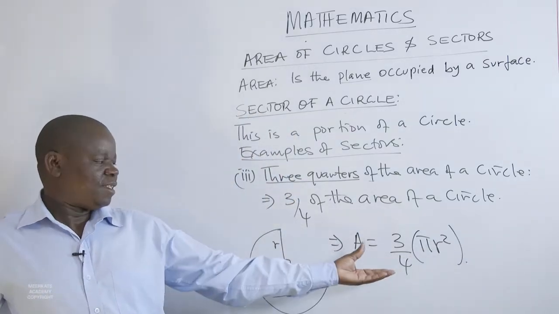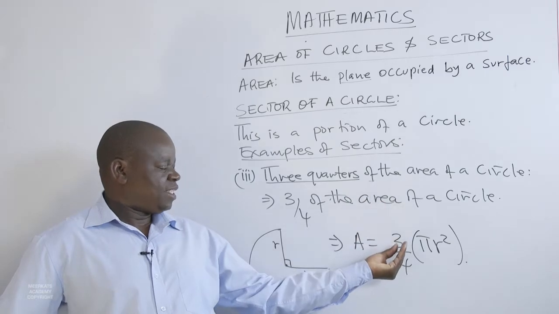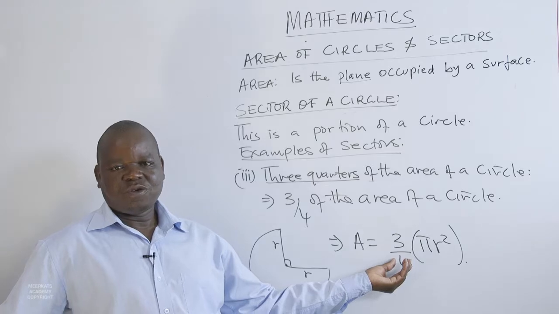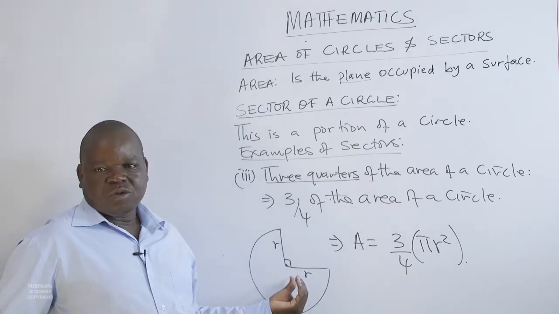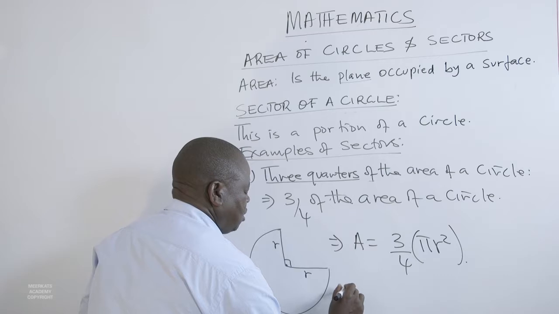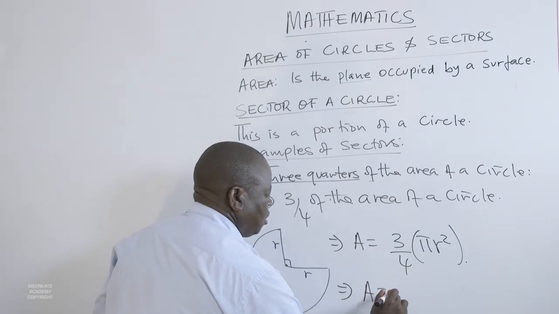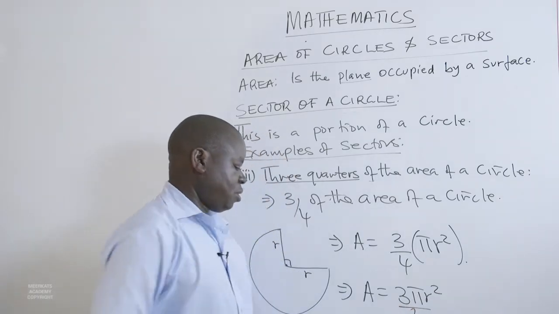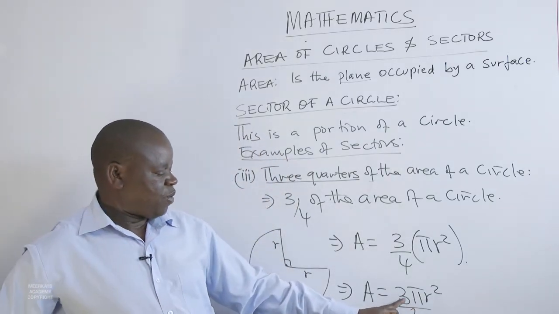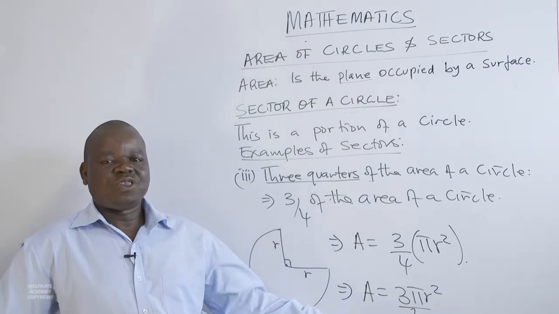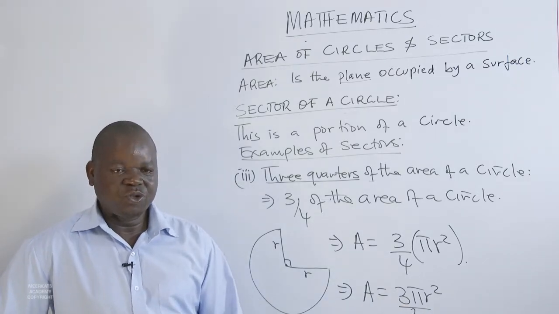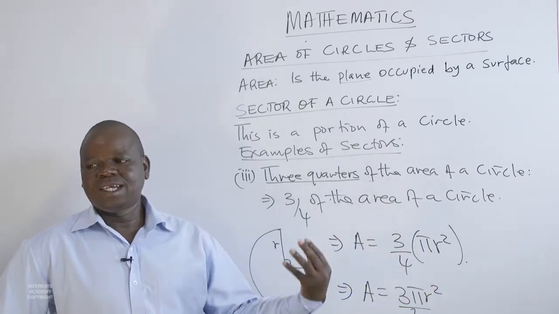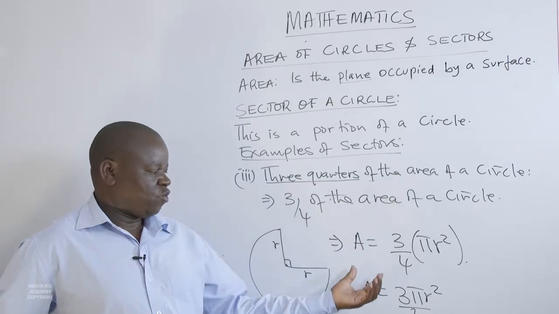So from the definition, you multiply the area of a circle by 3/4, and you get 3 pi r squared over 4. That will give you 3/4 the area of a circle. Those are the obvious sectors of a circle that we can easily get when we are given such a question.